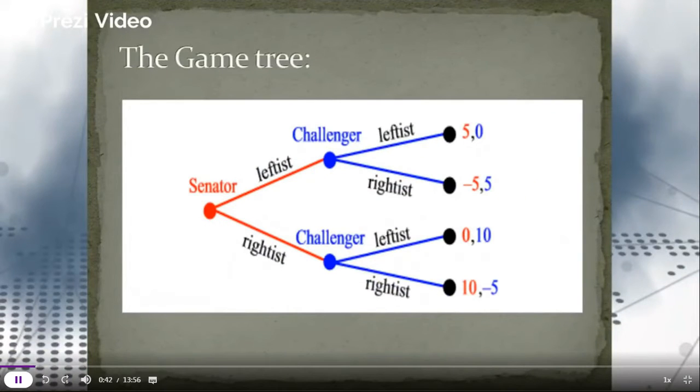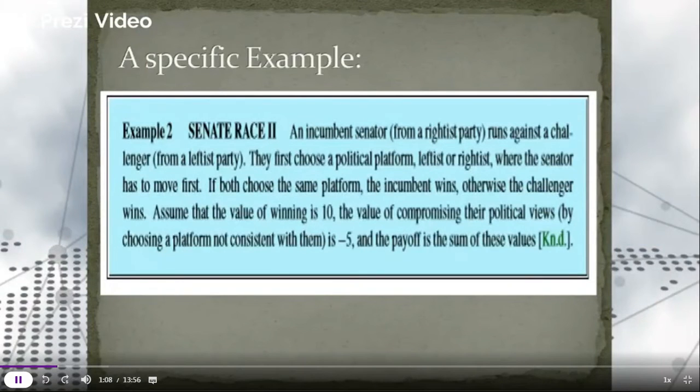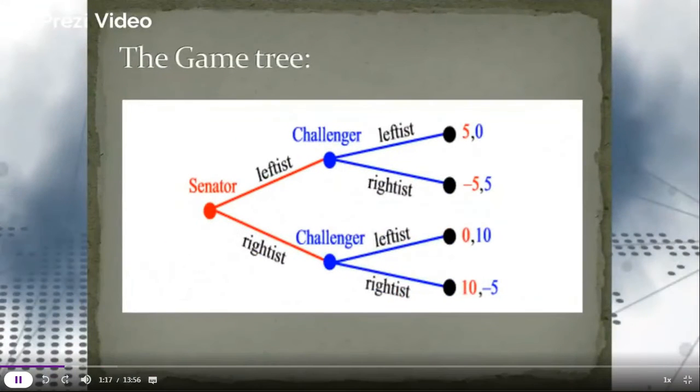What's happening here? See, the senator has opted for left, so he is getting -5. But again, see, the challenger is now opting for right. So both of them are not representing the same political party, or their platforms are not matching with each other. And we have another condition which says that only if both choose the same platform would the senator win. Otherwise, the challenger wins. Who is the challenger over here? The challenger is from the left party. Because their political views are not matching here, one is from left and one is from right, the challenger is winning.